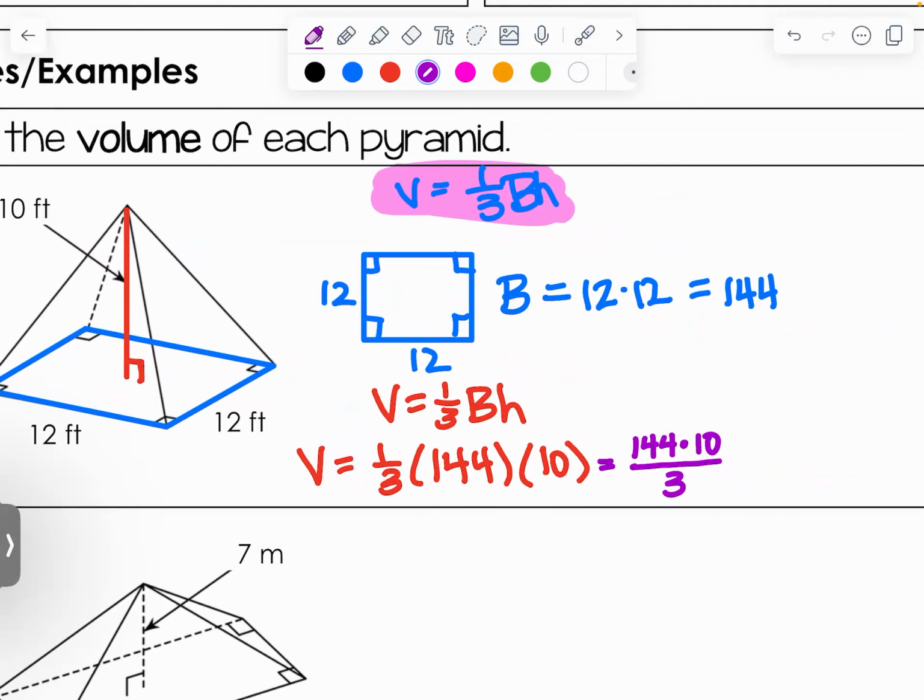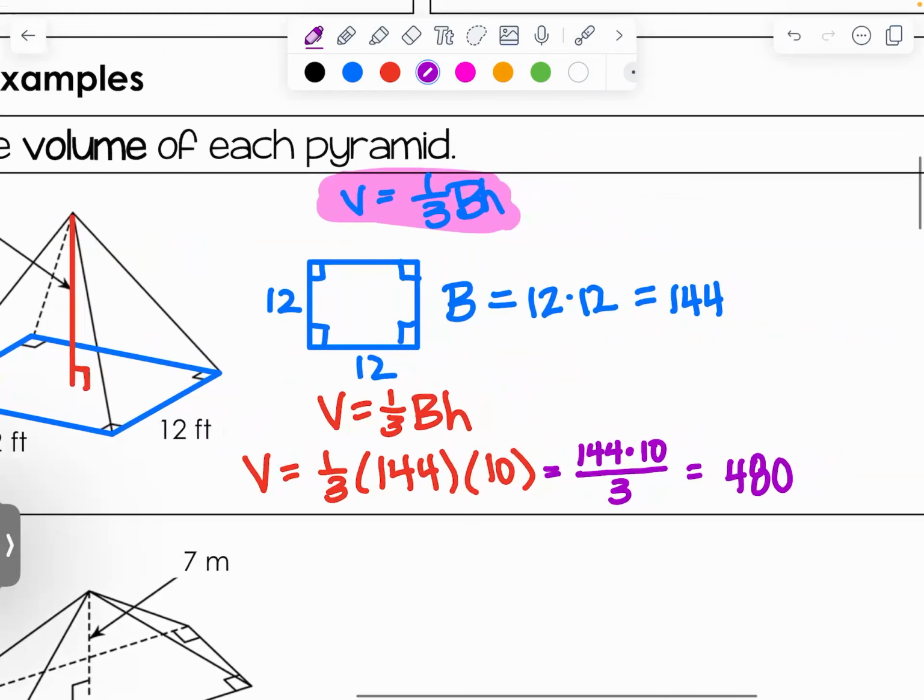Now I believe you're going to get some sort of decimal. 480. No decimal. You're right. 480. And what's our label? 480 feet cubed. We're working with volume, so we're going to make sure that our label is units cubed.